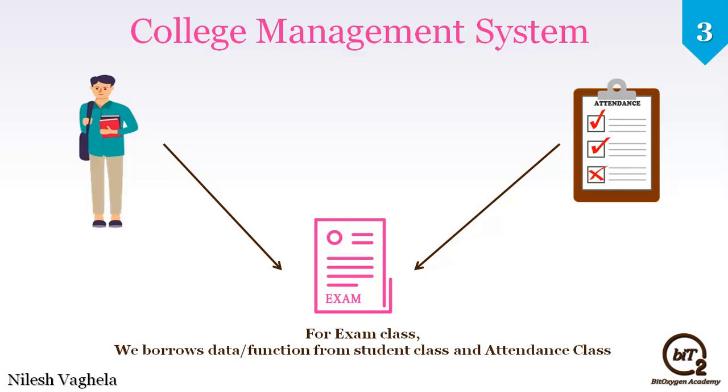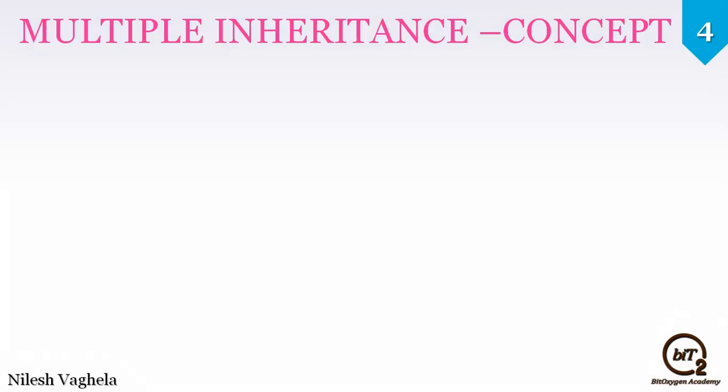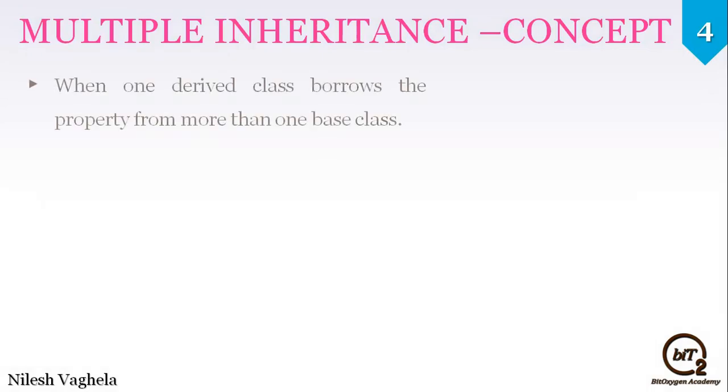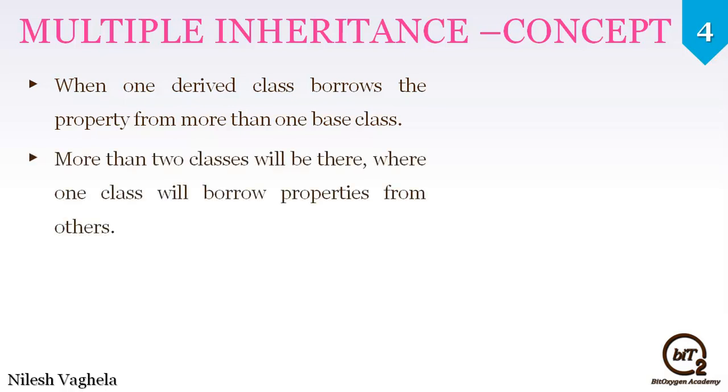So if we see the concept of multiple inheritance now, as many of you might already know from previous examples, if one derived class borrows the property from more than one base class, it is known as multiple inheritance. So in a single C++ program, there will be more than two classes where one class will borrow the property from other classes.